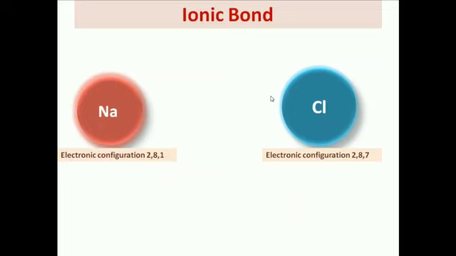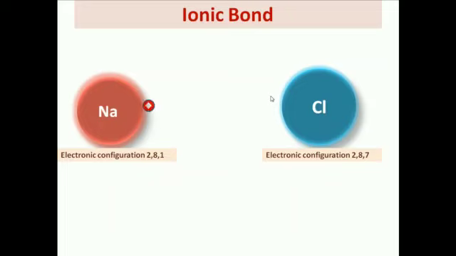So sodium prefers to donate its 1 outermost electron so that it has a stable outermost configuration. In the case of chlorine, to achieve an octet, either it can gain 1 electron or lose 7 electrons. But chlorine prefers to gain 1 electron rather than lose 7 electrons.